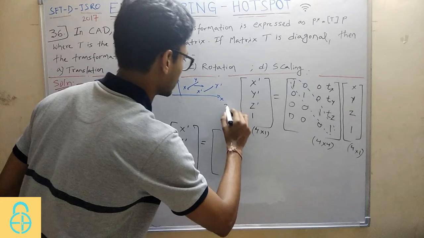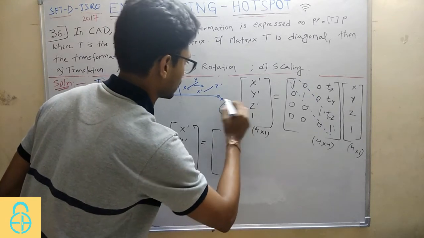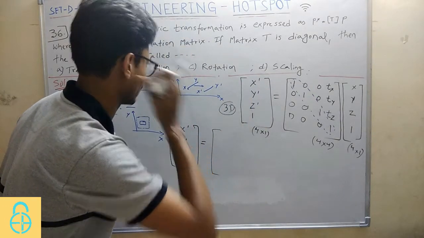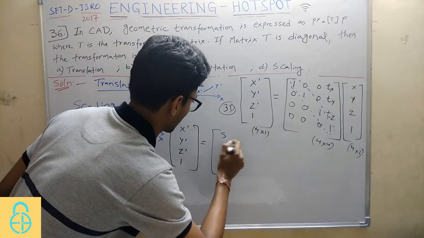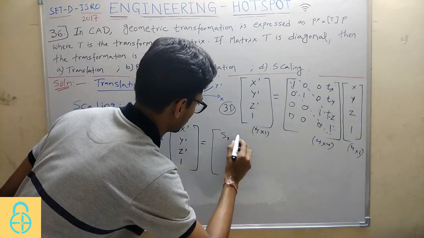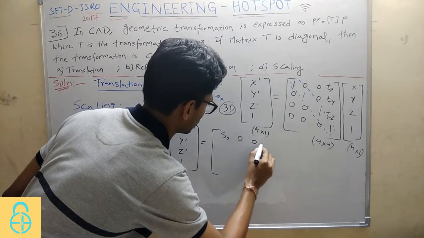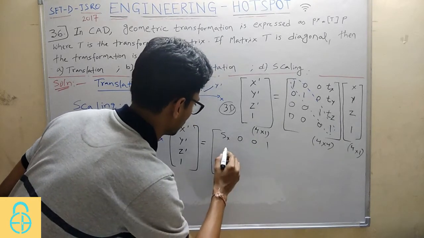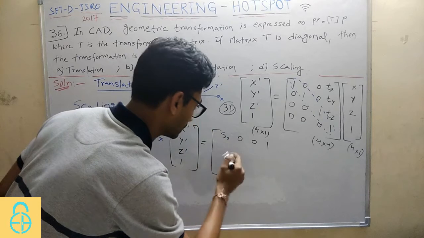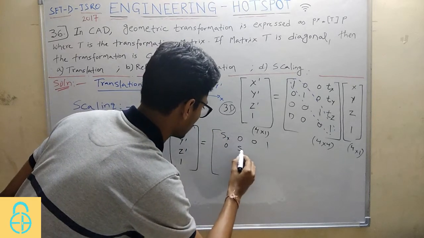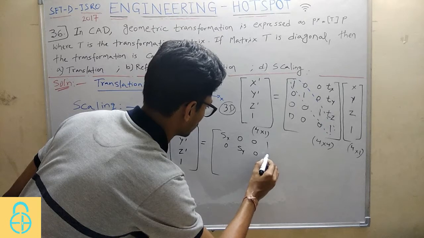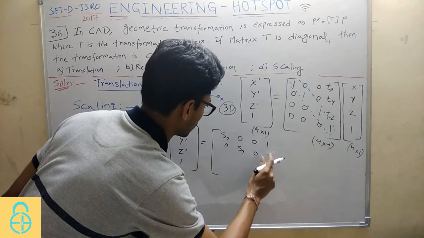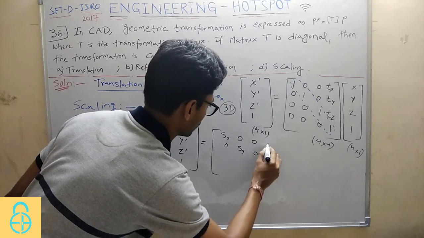This is 3D, because there are 3 axes, x, y, z. So this will be sx 0 0 1, 0 sy 0, and this will be 0 only.